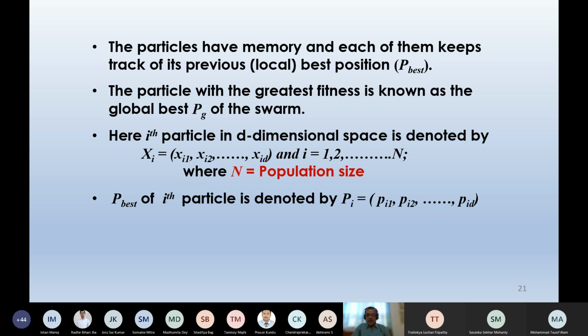Okay, this is one. At the same time, he'll have to find out who other people are working in the similar field in the whole world. Are you getting my point? And his performance has to be compared with the performance of other researchers working in the same area. And he'll have to find out what is the global best.